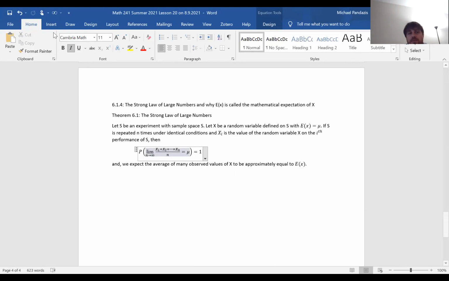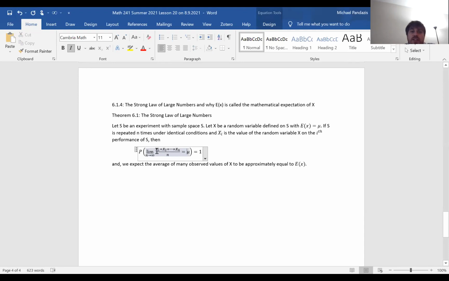A limit has a more precise and rigorous meaning, but usually when you teach it, you say it this loose way because it's hard to understand.